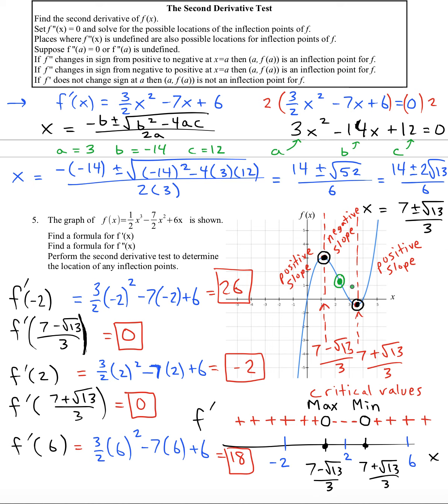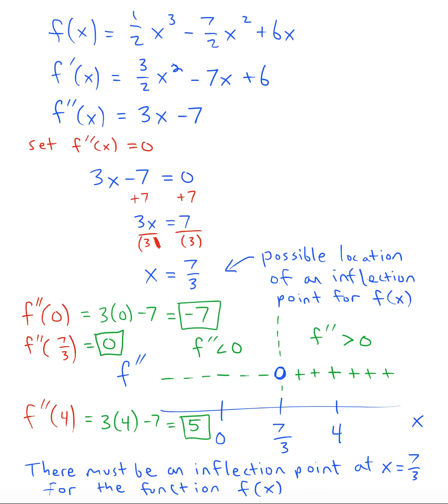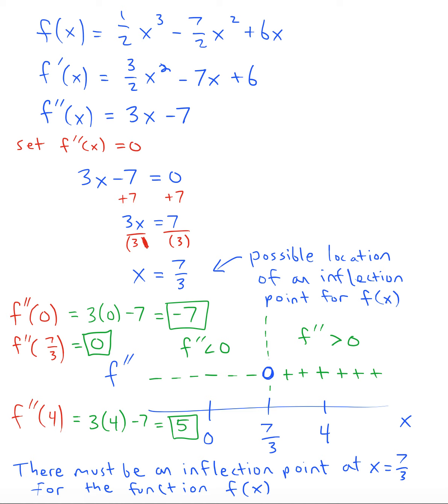That's the inflection point. We want to give coordinates for these things. All right, we'll do it on this page. We're going to want to find f of three things. f of 7 minus radical 13 over 3.